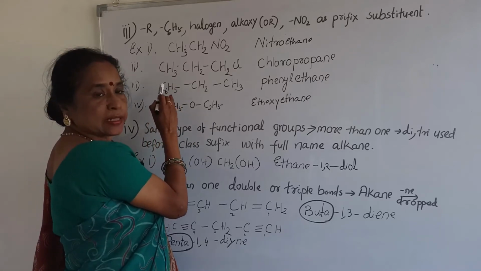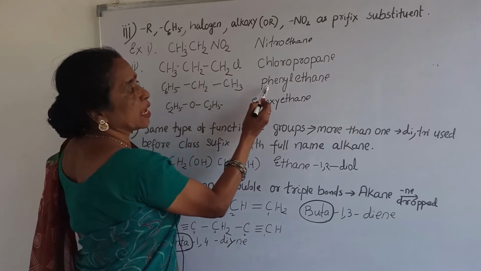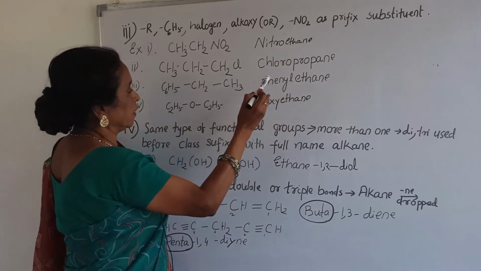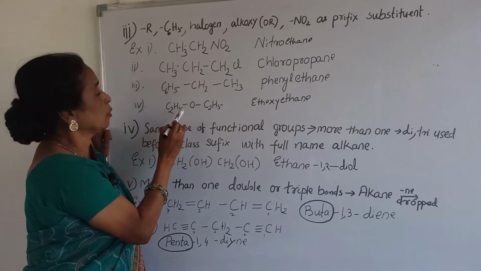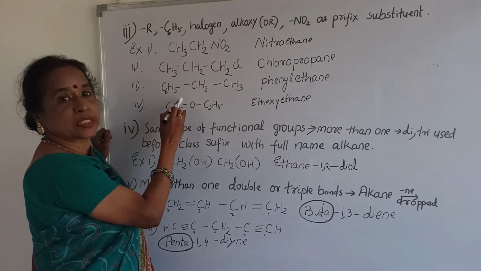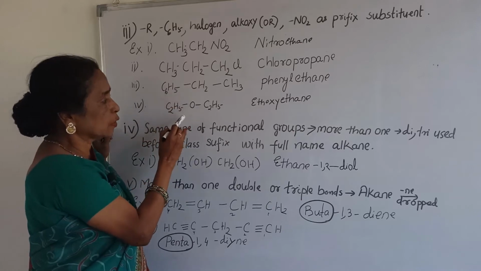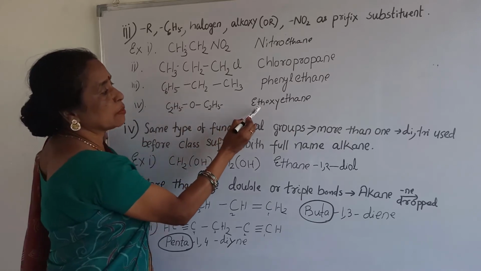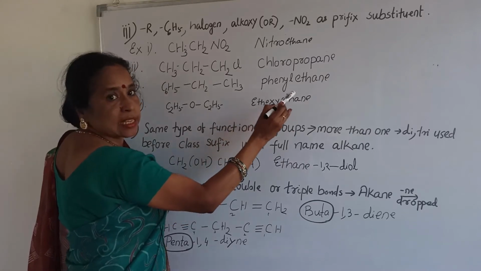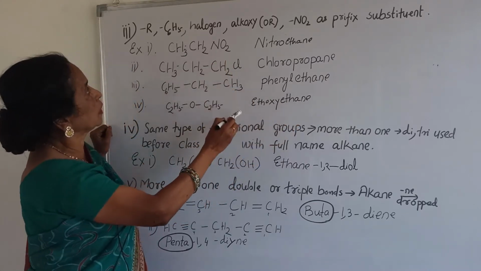Since the phenyl group is attached to 2 carbons, it is named phenylethane. Then here is an alkoxy group, which acts as ethoxy. Since it contains 2 carbons, it is ethane. So the name is ethoxyethane. Now I hope it is clear.